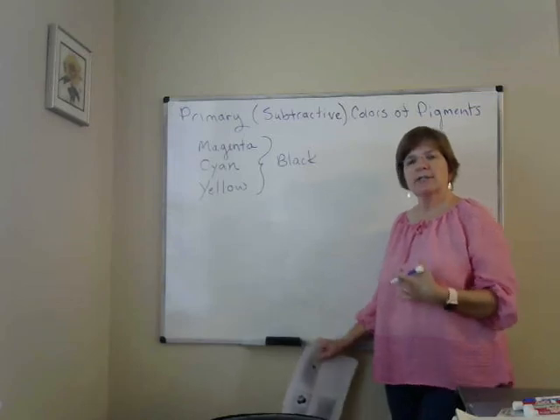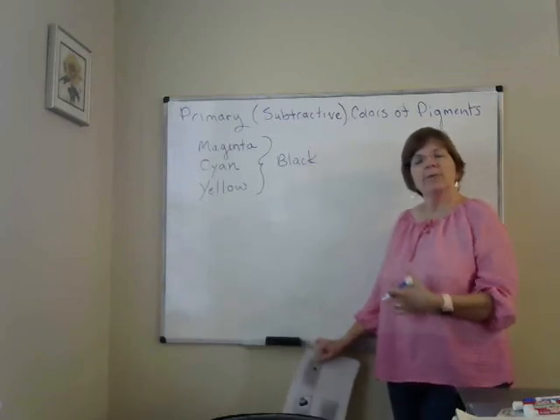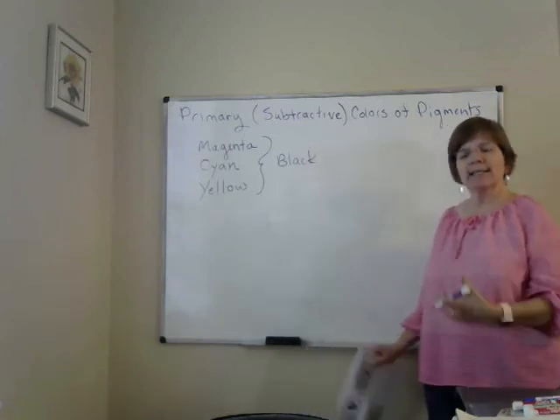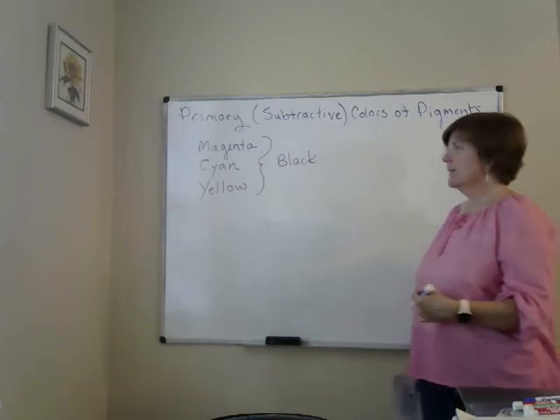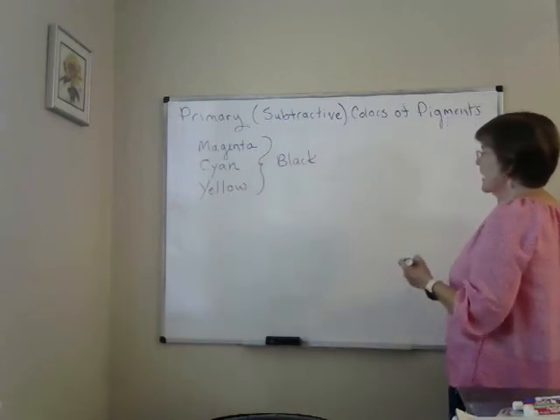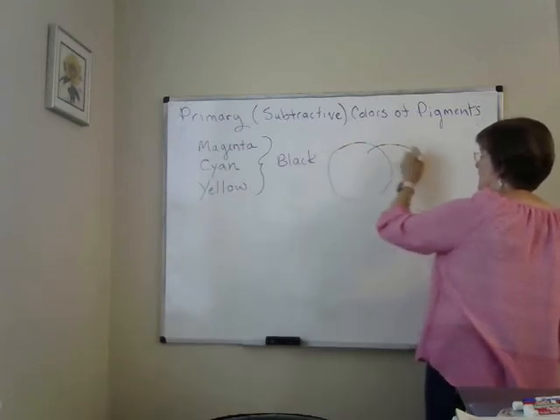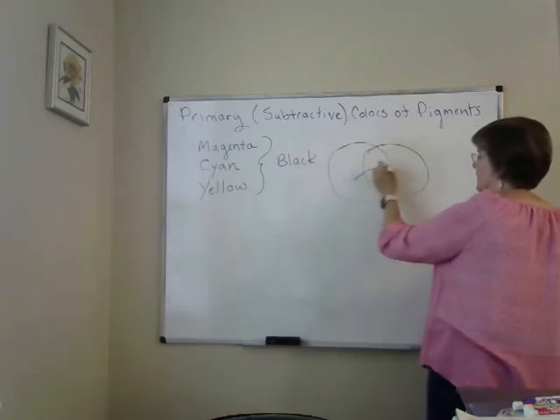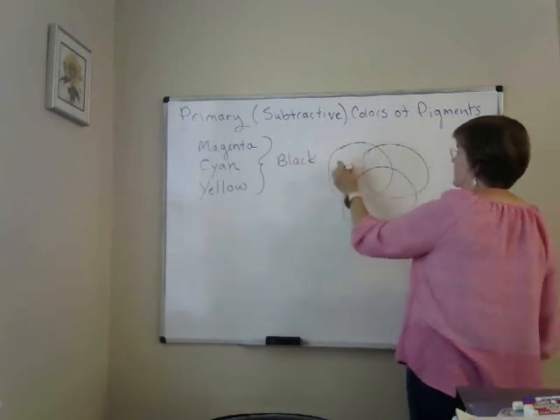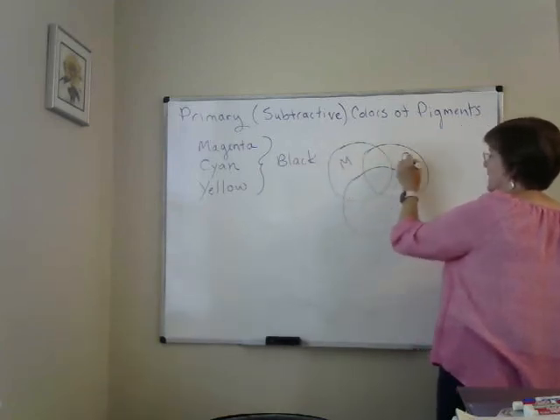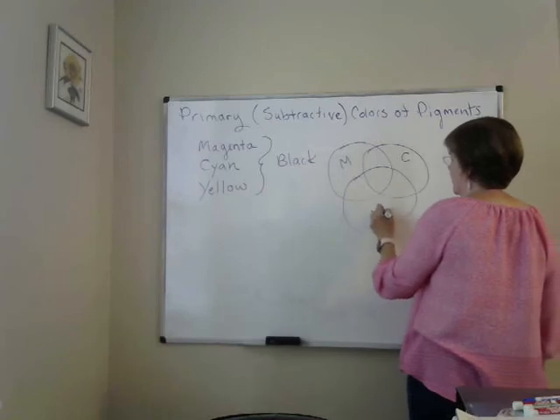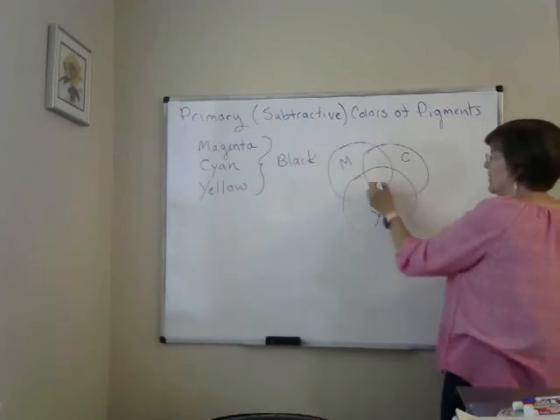It could even use them to create black, but it would use so much ink that they give you a separate black printer cartridge. If I were to make a diagram, it would look like this. I'm going to do the different colors: magenta, cyan, yellow. If I mix all three, I get black.